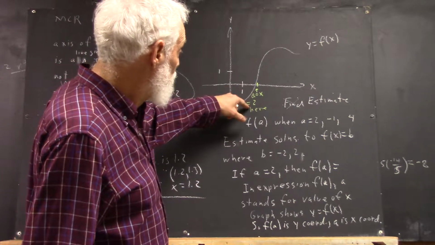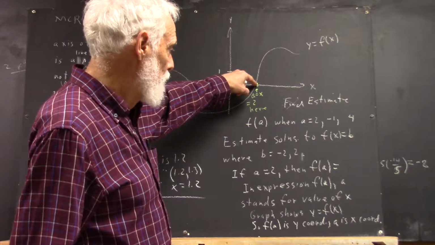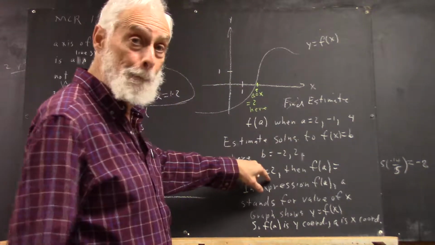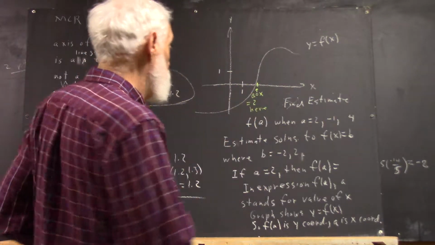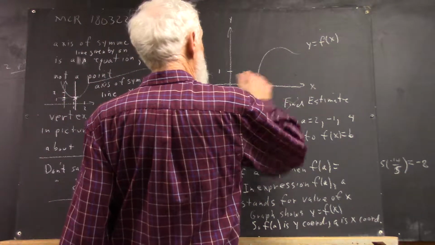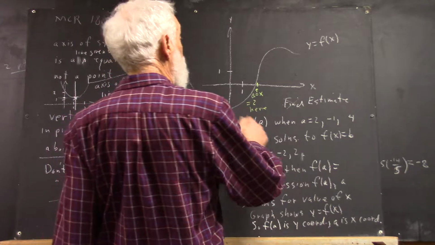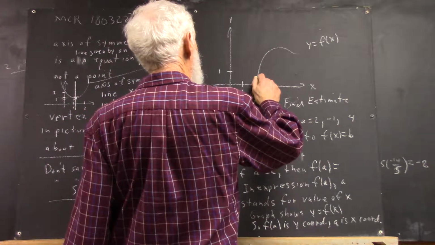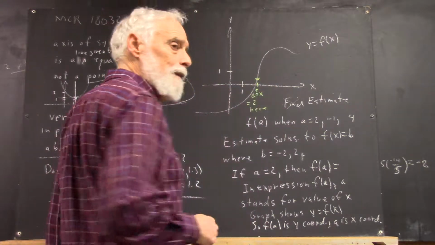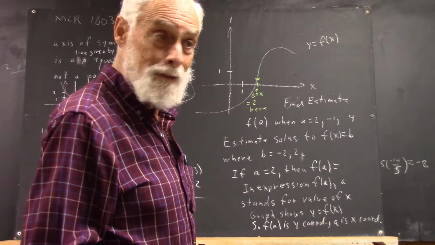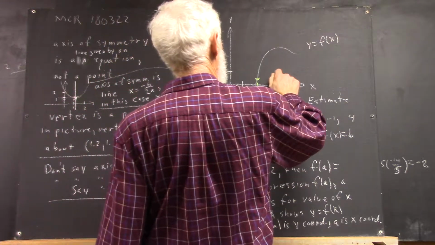So, a equals, x equals 2 here. We're doing this for a equals 2, right? So we locate 2, and then we find the corresponding y coordinate. What do I mean by the corresponding y coordinate? That means the y coordinate on our graph. This is the x equals 2 point, right?